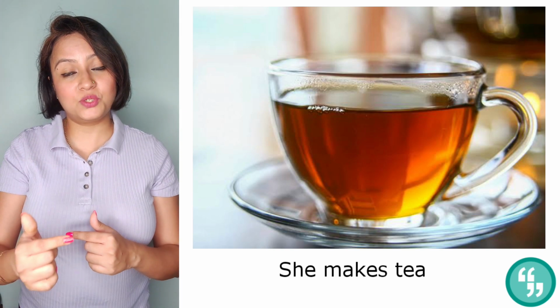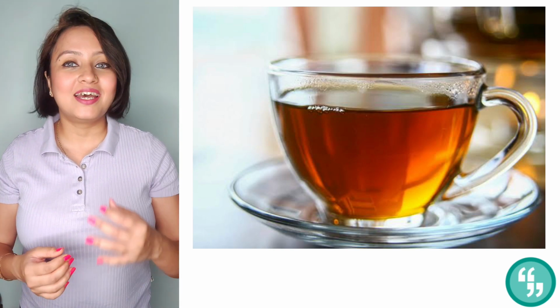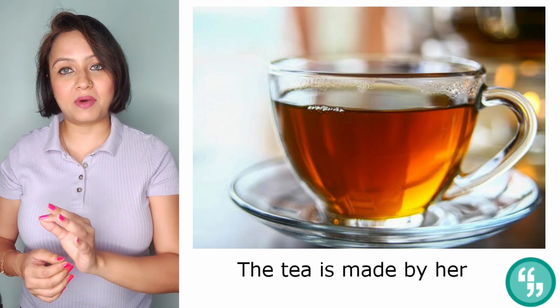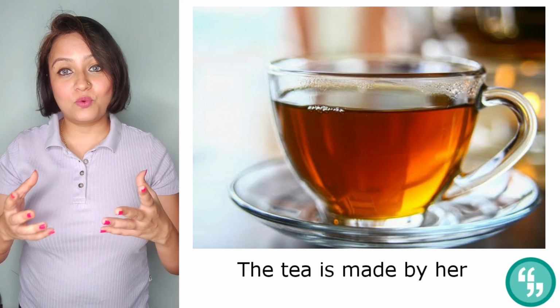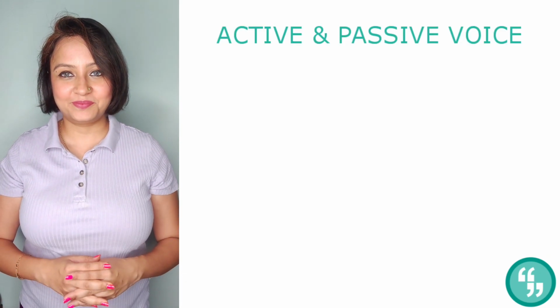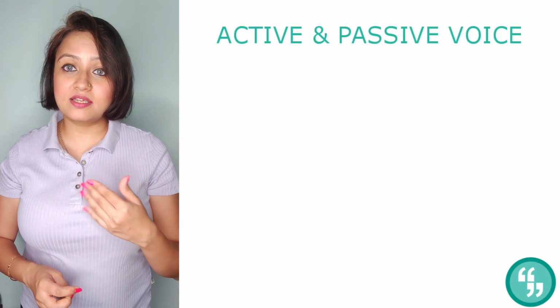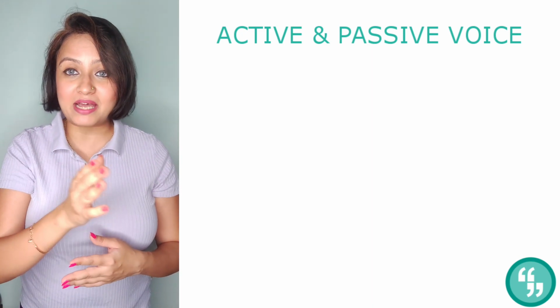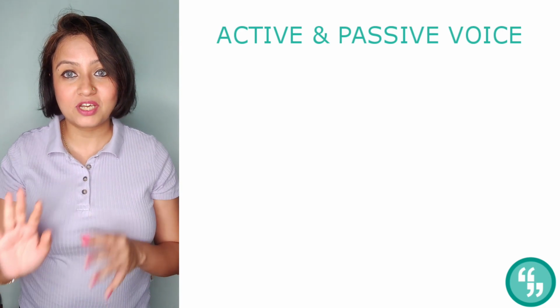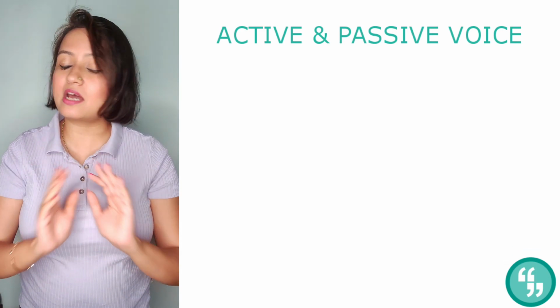Now when I convert it to the passive voice, it becomes: the tea is made by her. The object tea is interchanged with the subject she. In passive voice, sometimes the subject is not used. That is, the subject in passive voice can be totally removed if the sentence without it gives enough meaning.